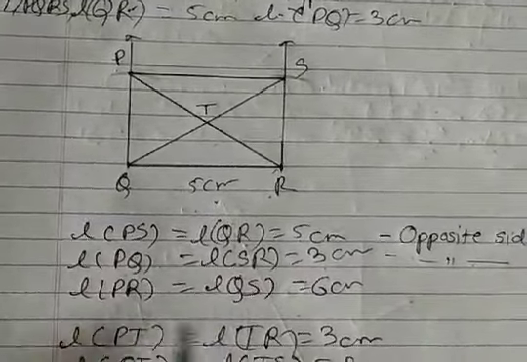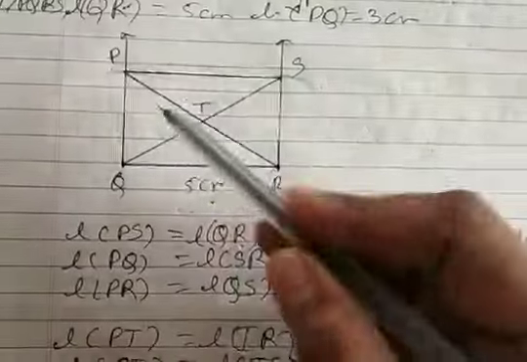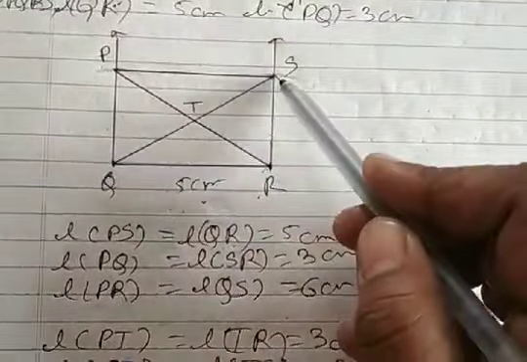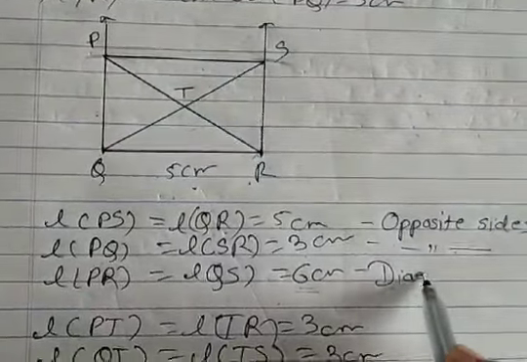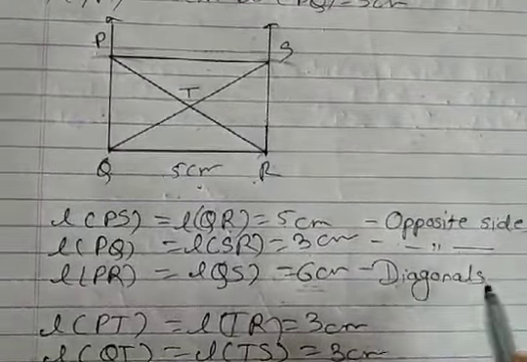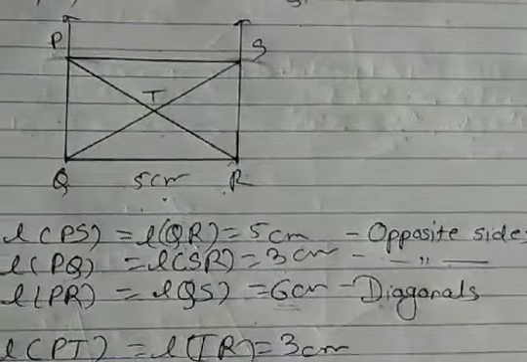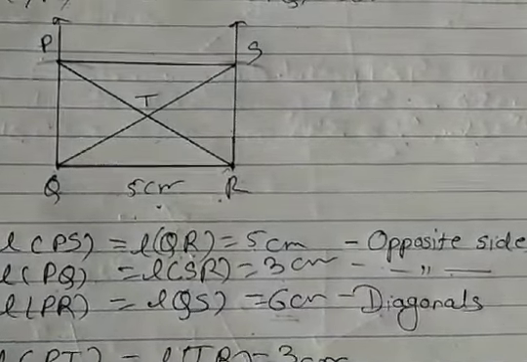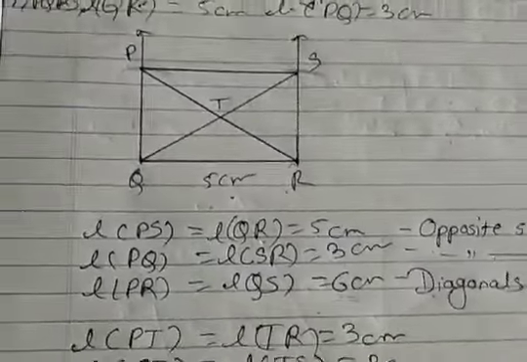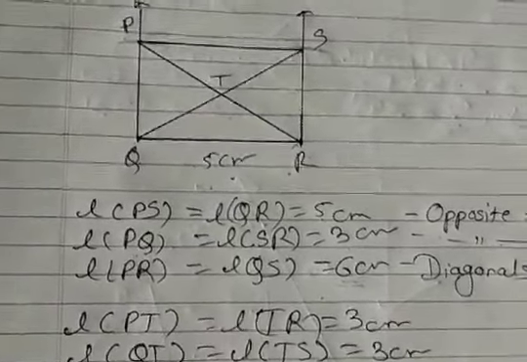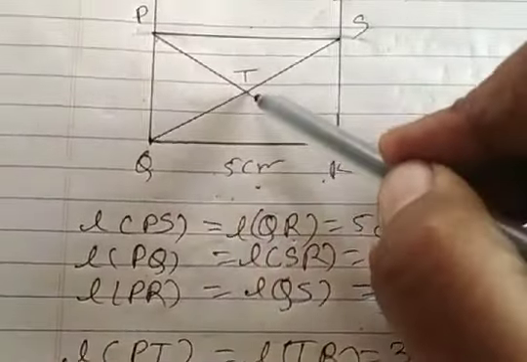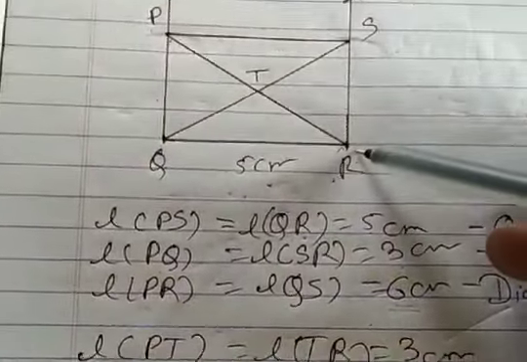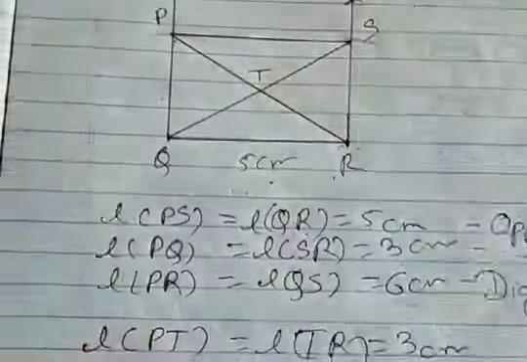Now if you think about PR and QS, here it is PR and here it is QS, its measure is also the same, which means the diagonals are also congruent. The rectangle's opposite sides are congruent, and the diagonals are also congruent. And if you see here, PT is equal to TR is equal to 3 centimeter, and PR is equal to 6 centimeter.